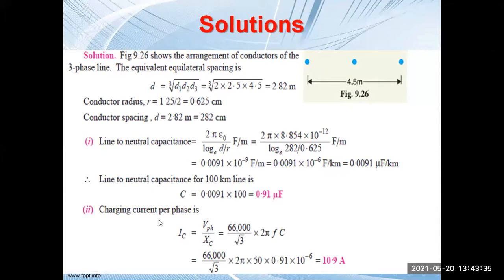Now charging current is IC equal to V phase by the reactance. Now reactance is 1 by j omega c. So j we have dropped, we are actually calculating the magnitude, so it is 1 by omega c. Omega is 2 pi f, so this term comes into the numerator. Then we have substituted all these values. Now is it clear? Yes, sir. Okay, fine.